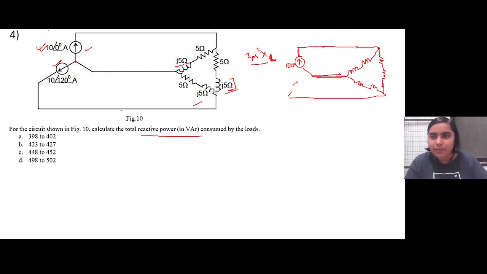one source supplying into one pair of resistance and reactance, and these two are in series with each other, which is in turn parallel with this particular branch. Is the circuit clear?